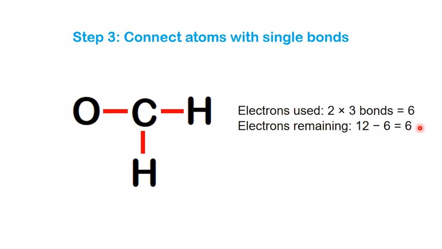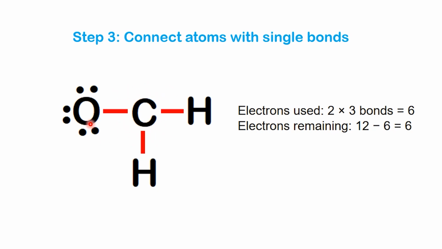We then complete the octet for the terminal atom that needs it. Oxygen requires an octet, so we place the remaining 6 electrons around oxygen as lone pairs. At this point, oxygen has 8 electrons, carbon has 6, and both hydrogens have 2, which satisfies their duet rule. However, carbon doesn't yet have a full octet.